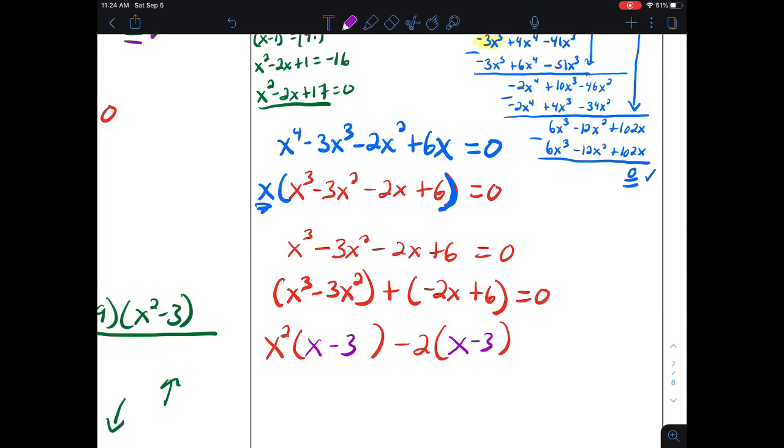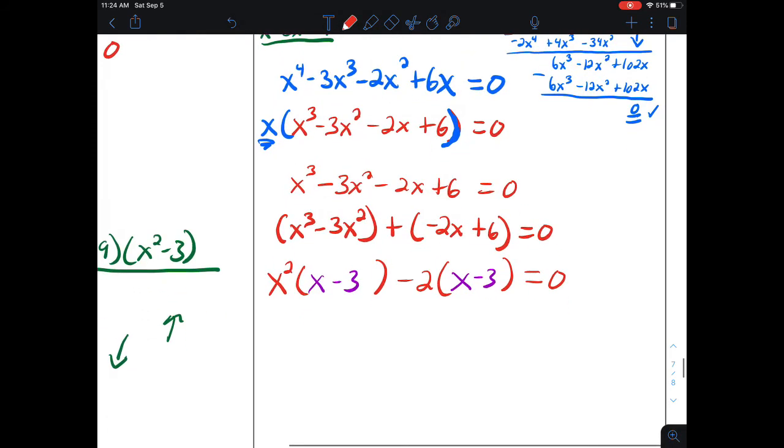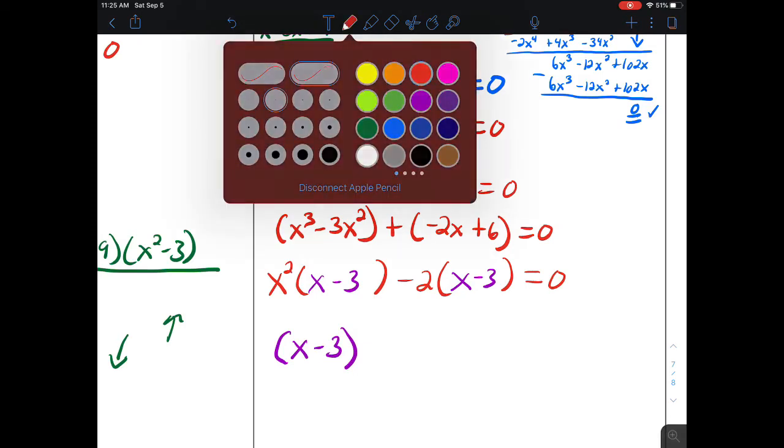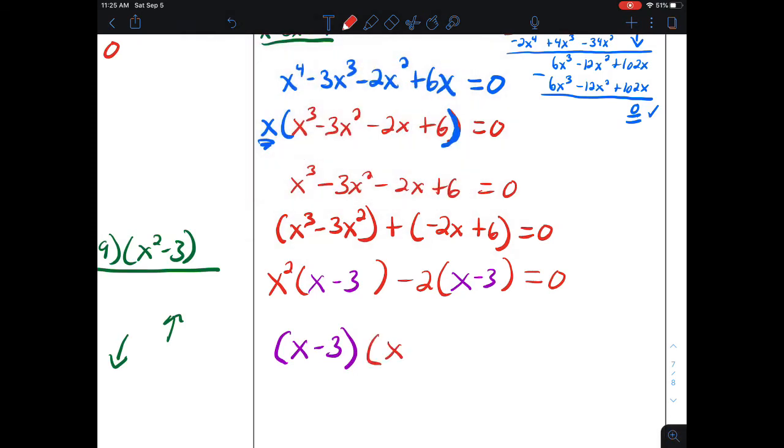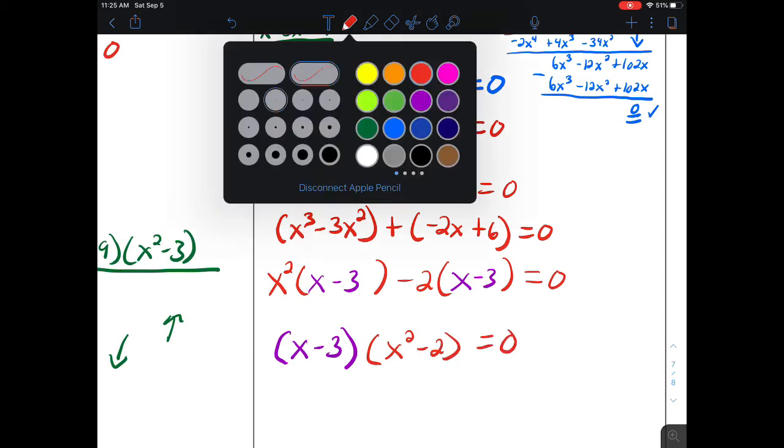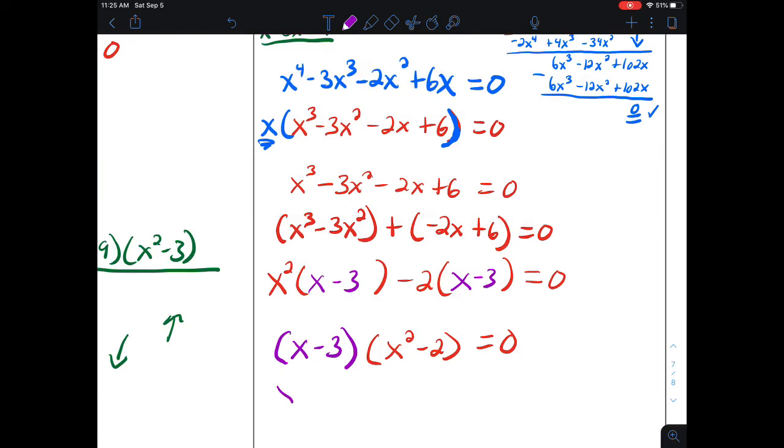And I have that equal to 0. Now I have a common factor of x minus 3 in the 2 terms on the left-hand side of that expression. When I pull the x minus 3 off, what I'm left with is x squared minus 2 equal to 0. So I get a zero here of x equals 3.